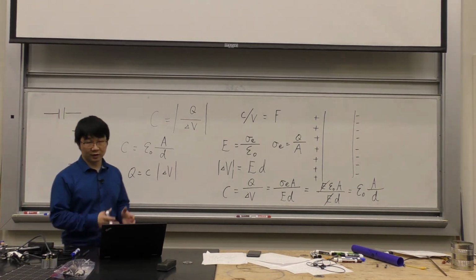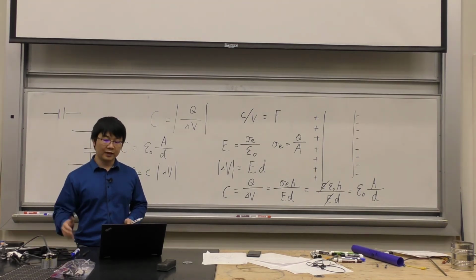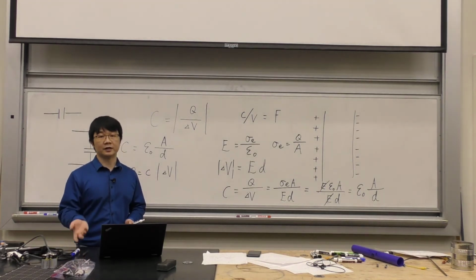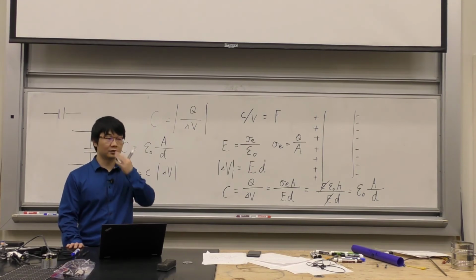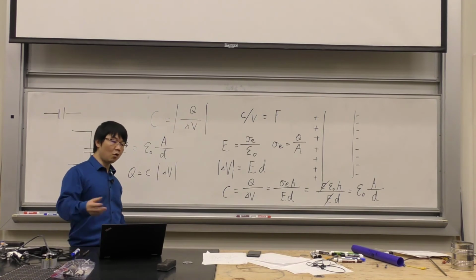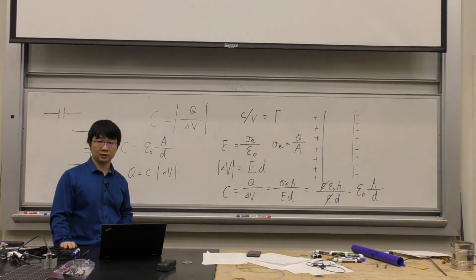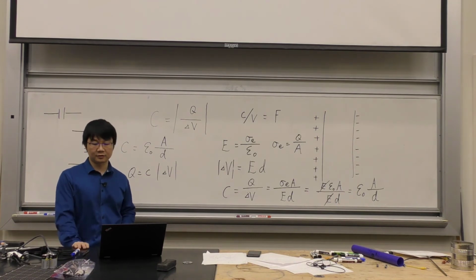If you have a water tank, the area is already fixed. You can't change the area of the water tank unless you get a different water tank. But if you put more water in it, the water level is going to get higher and higher, but the base area doesn't change because the base area is a property of the tank.